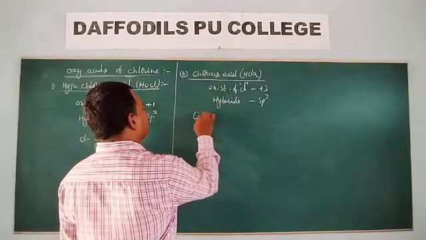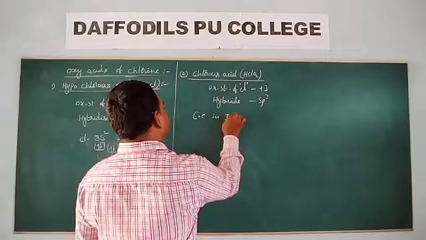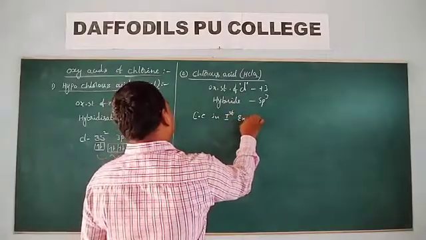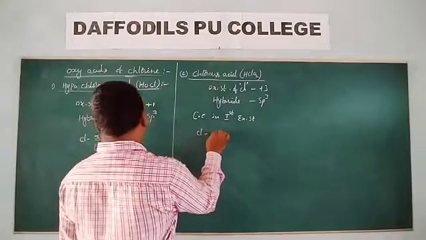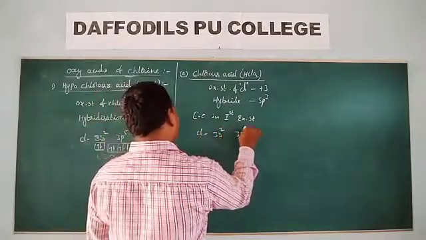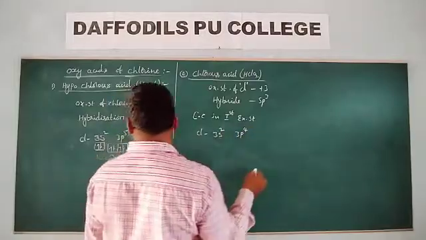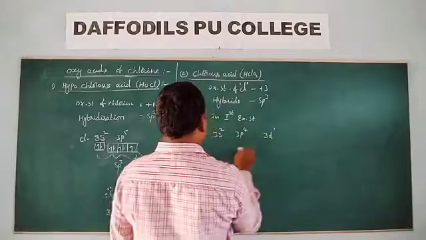Electronic configuration in the first excited state: 3s2, 3p4 and 3d1.